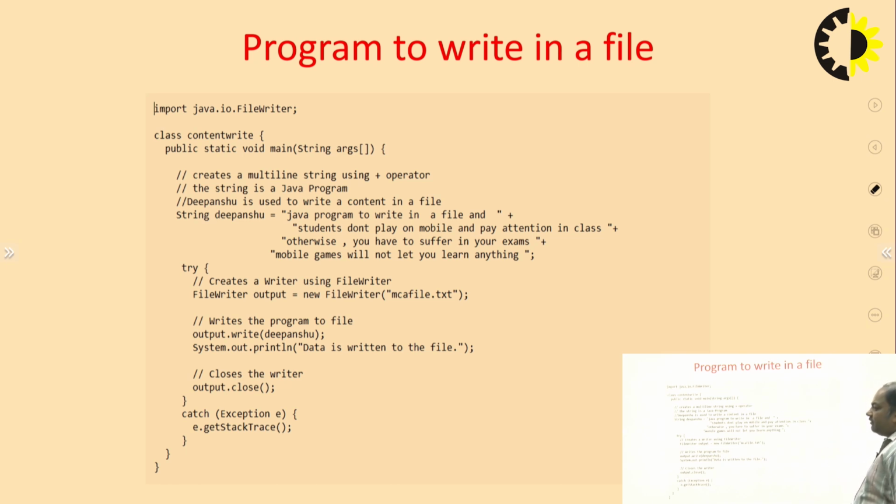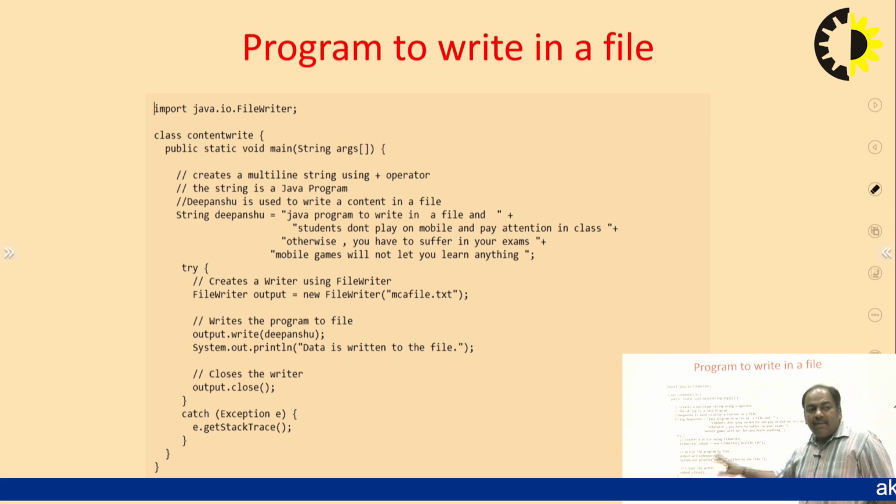The object which we have created for the FileWriter class is output. Using this object, we write the content Dipanshu into the file mca file.txt. When the content is written into mca file.txt, in the output it will show that data is written to the file. After this output, we close the writer class, and after closing the writer class, we close this program. So now we will see an output of this program.